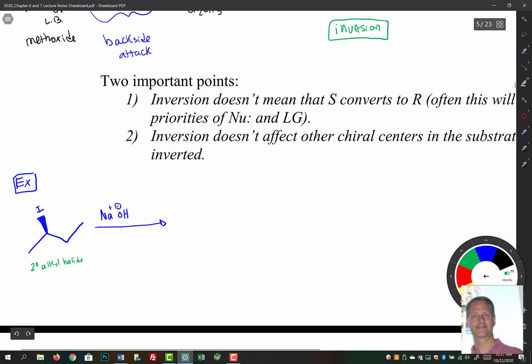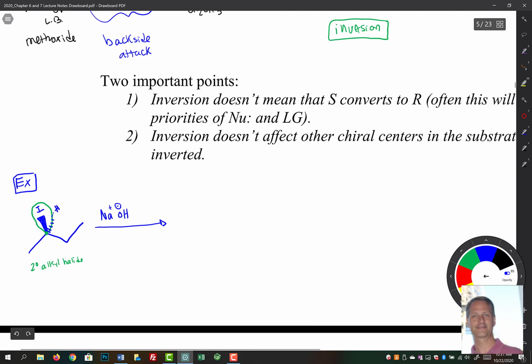So we need to be aware of that. Secondary means that that group right here that's connected to our iodine has 2 R groups on it. It's got the methyl on one side and the ethyl on the other side, so it gives you a secondary. The other thing is that at this position we have an H atom.